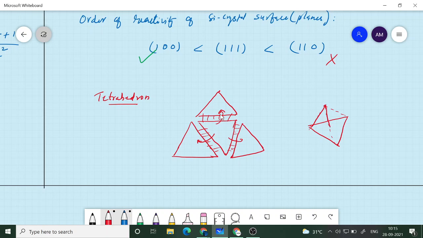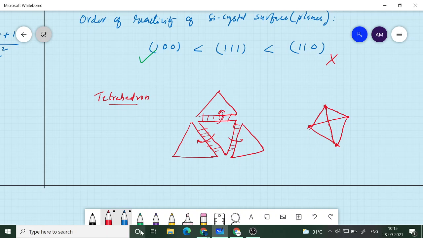This shape is very peculiar. Why? Because you have only 4 faces and 4 corners, and each face is triangular. So this is what is called a tetrahedron.